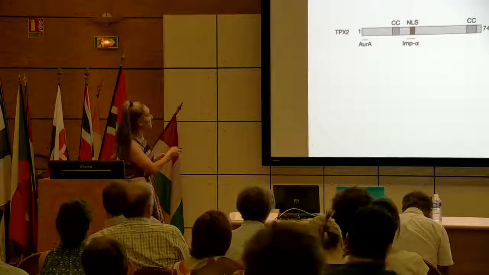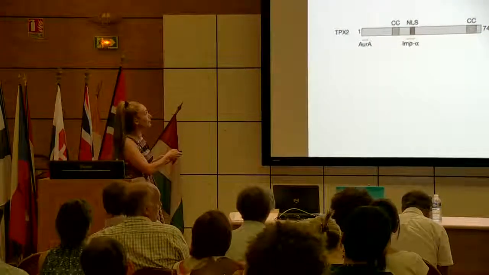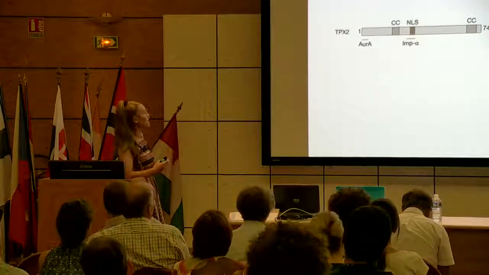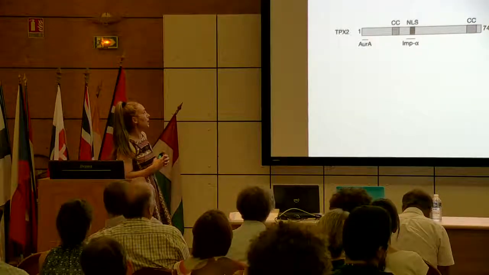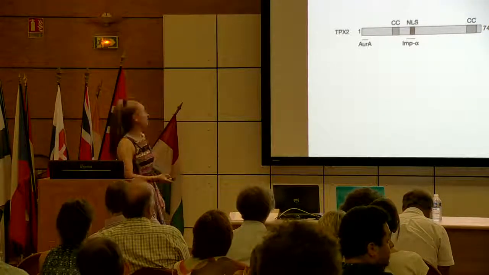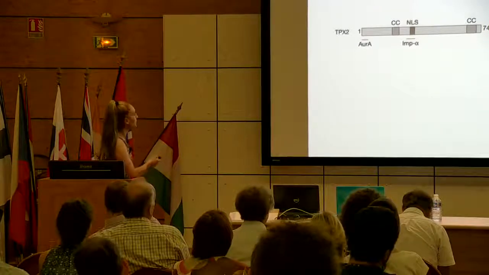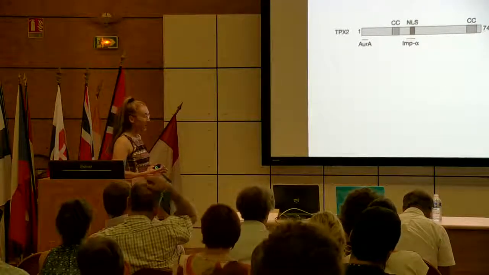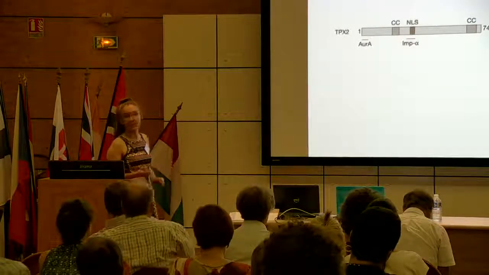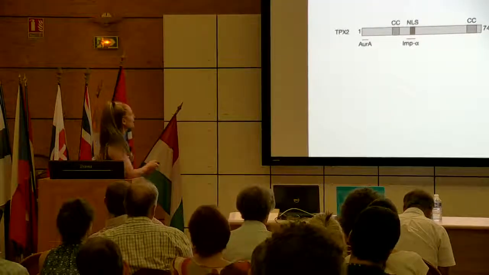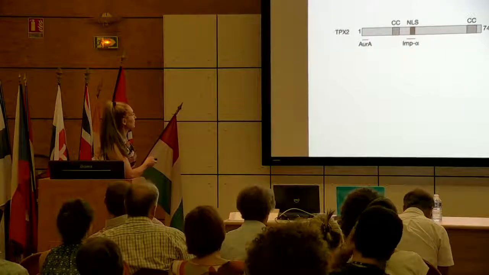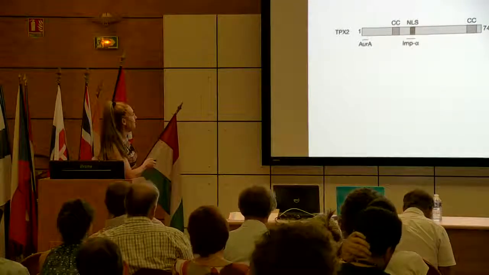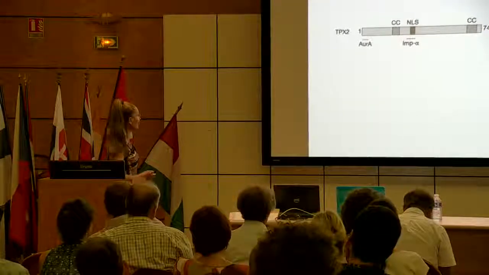And this freed TPX2 now binds to microtubules, and by some means is able to promote nucleation and growth of microtubules. So this protein is pretty large. It has a lot of regions that are predicted to be unstructured, and the nuclear localization sequence and the importin binding site had been identified.